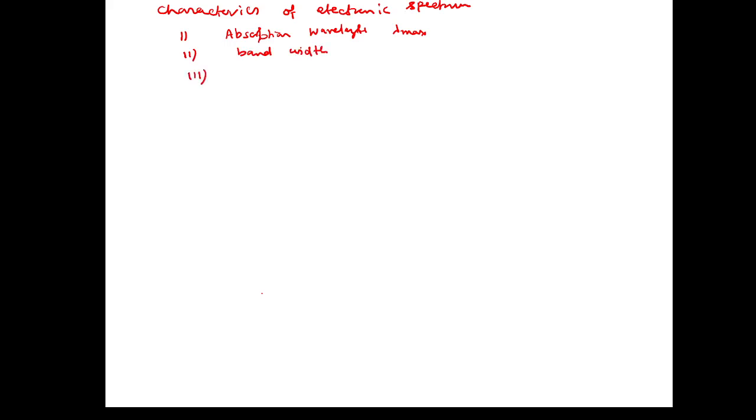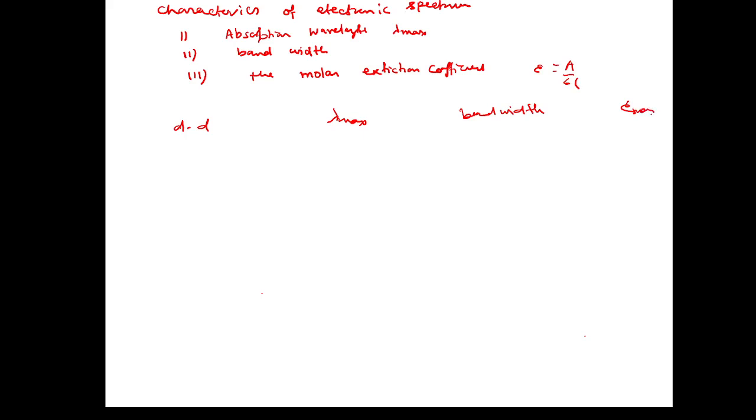Third criteria is the molar extinction coefficient, which is epsilon, A by Cl. Now we can see each and every one. We see where the lambda max is, what is the bandwidth, and what is the epsilon max.